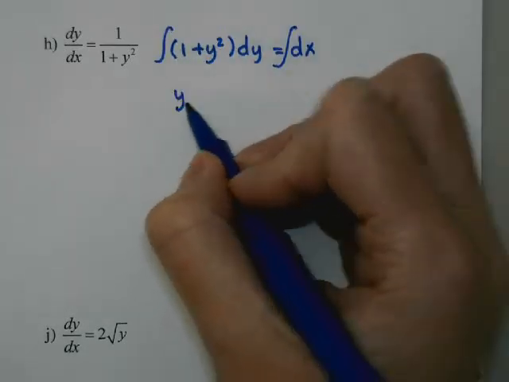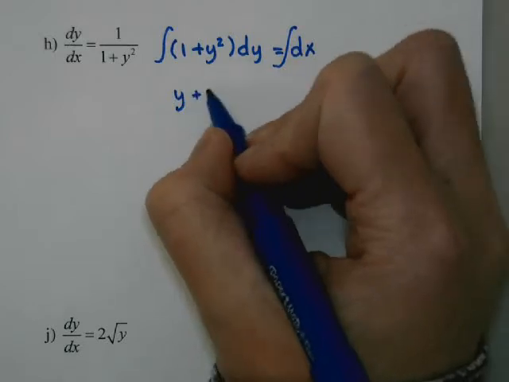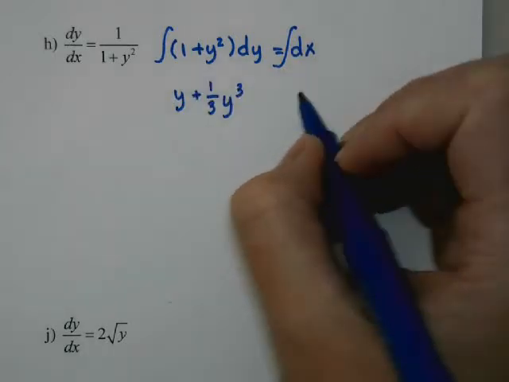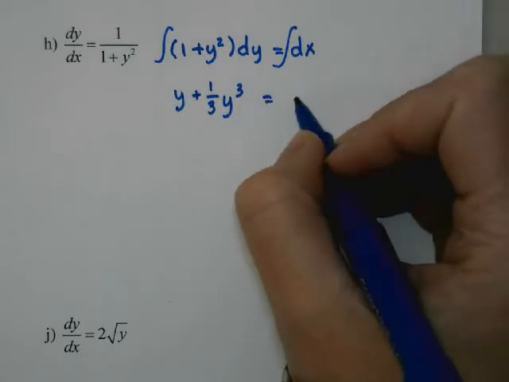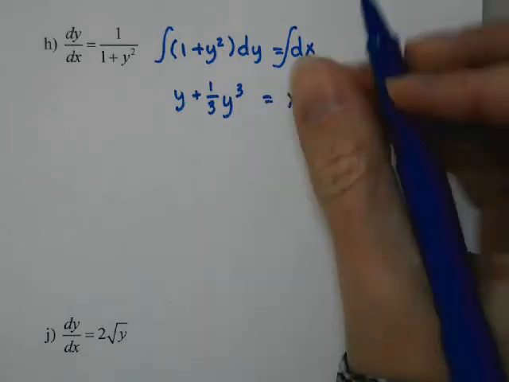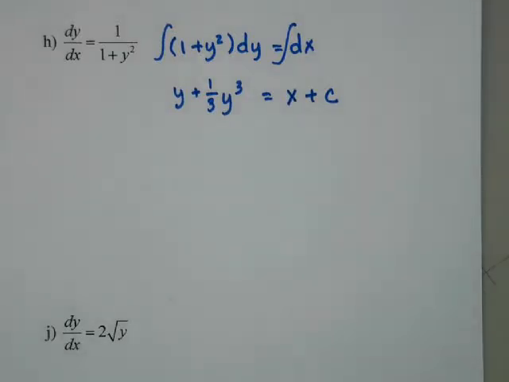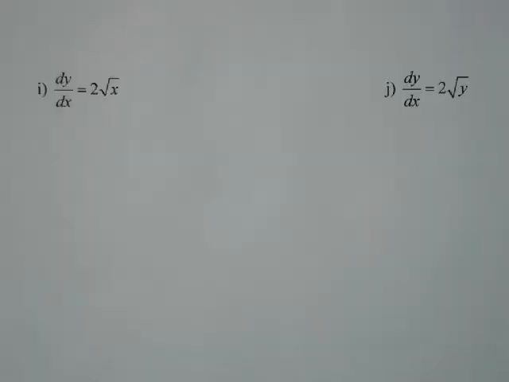Integral of 1 is going to be y. Integral of y squared is going to be 1/3 y cubed. That's going to equal x plus c. Now in this case, there's really nothing we can do to solve for y, so we're just going to leave it like that.